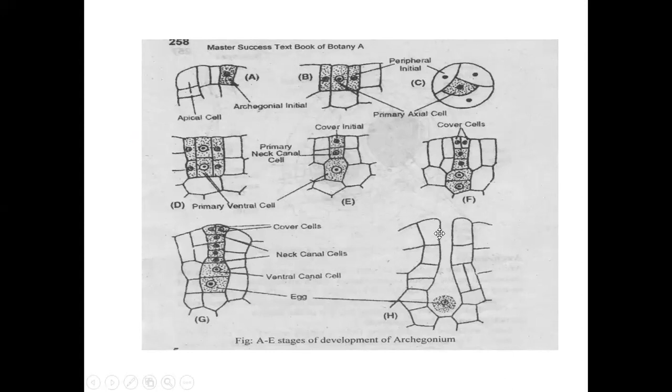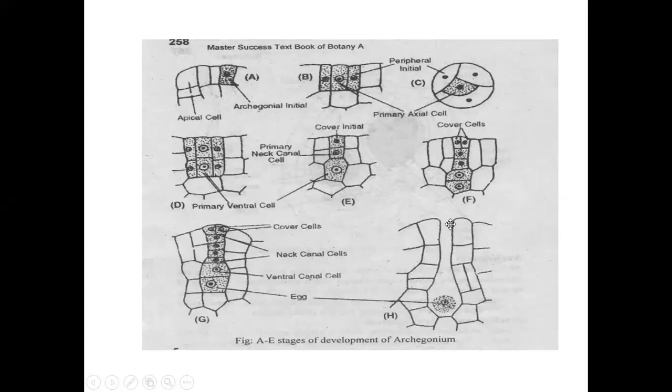So this chemotactic attraction of the archegonia occurs by the disintegration of the ventral canal cell, the neck canal cells, and the cover cells. Due to this, a mucilaginous substance of chemical nature attracts the male gametes, which we call antherozoids.